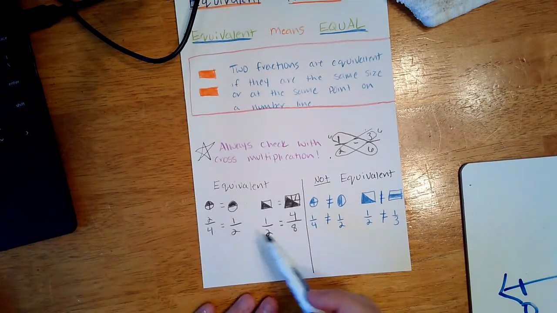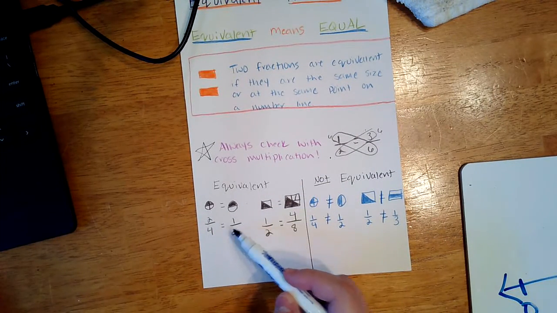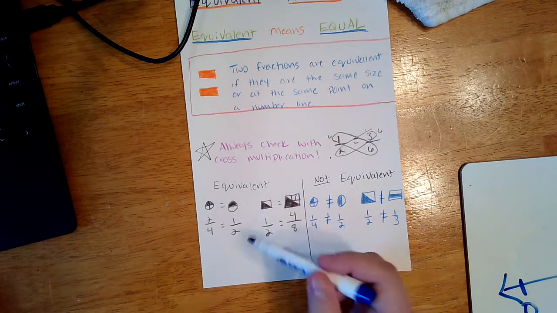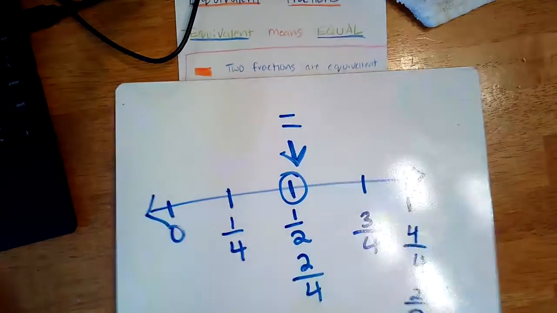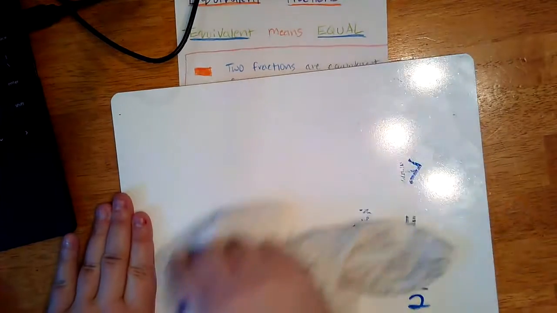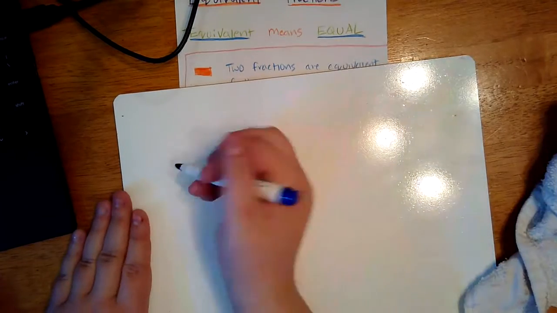So down here are some examples. So the one that we did together, 2/4 is the same as 1/2. 1/2 is also the same as 4/8, right? And so it doesn't always have to be in circles. It doesn't always have to be in a number line, but it does have to be the same size shape, right?